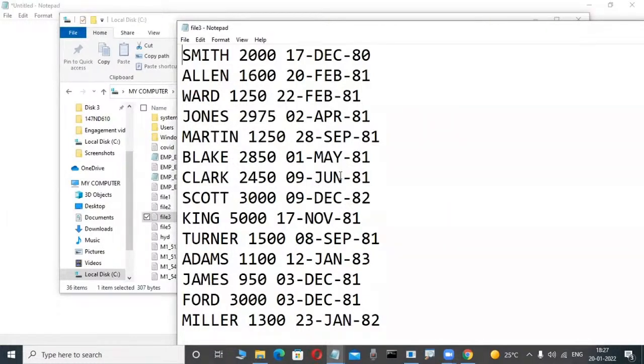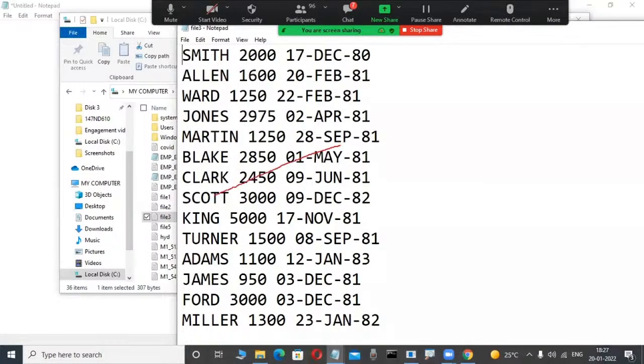Now, who are the employees who joined before 1981? If I want to retrieve that employee information from a file, it is very difficult. You have to write a C, Java, .NET, or Python program to fetch the file data. That is very difficult, and we write big application programs.